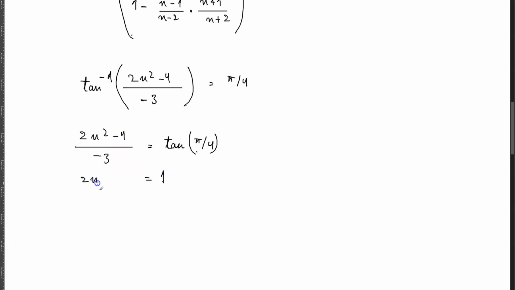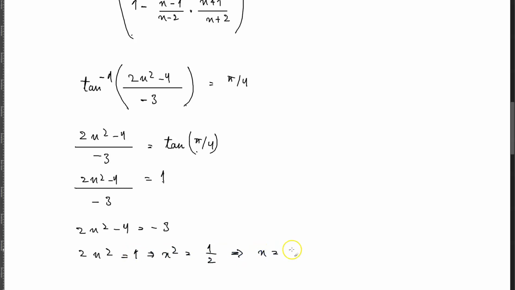So you have 2x squared minus 4 over negative 3 is equal to 1. That means that 2x squared minus 4 is equal to negative 3, which means that 2x squared is equal to 4 minus 3, which is 1, which means that x squared is equal to 1 divided by 2, which gives x is equal to plus or minus 1 over the square root of 2.